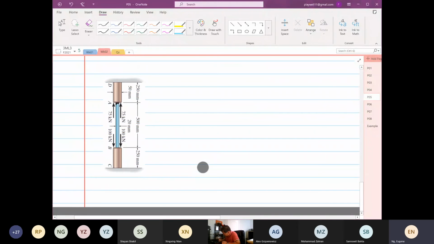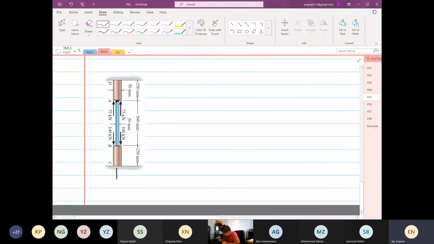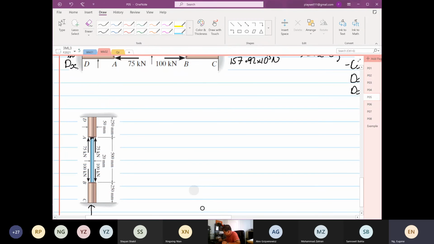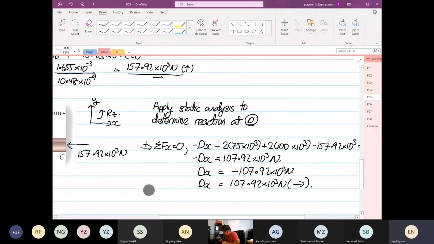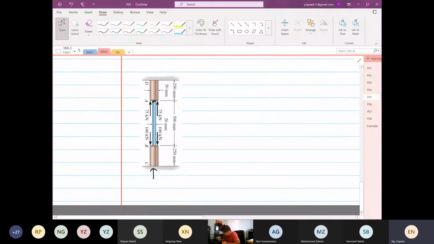In our analysis, we have a fix at D, we remove the support at C, and the support at C we got is 157.92 times 10 to the power 3 Newton.